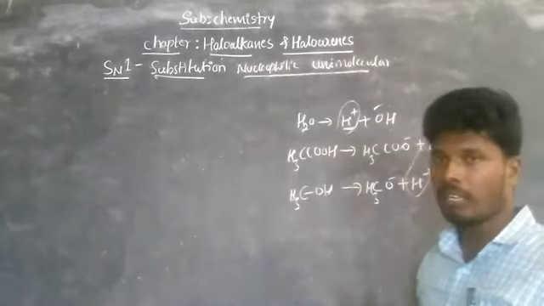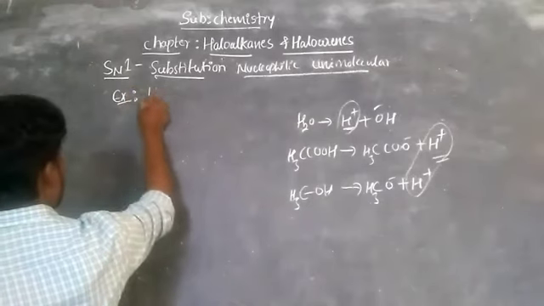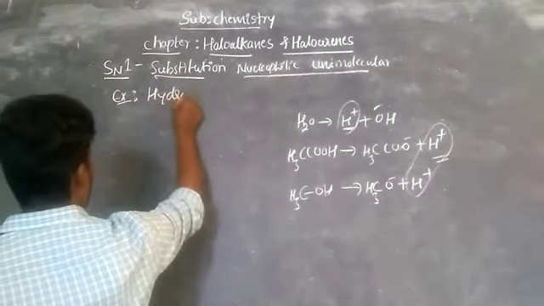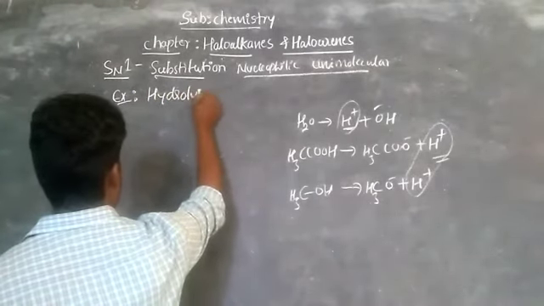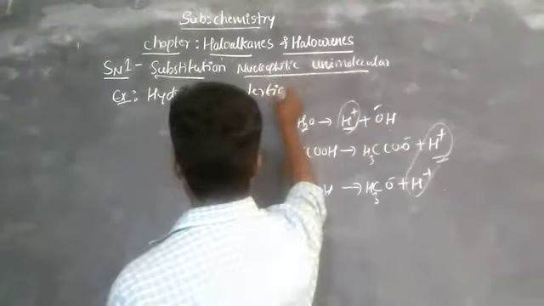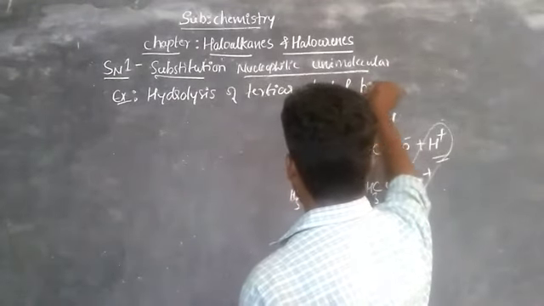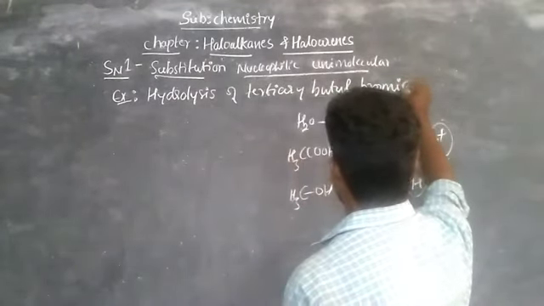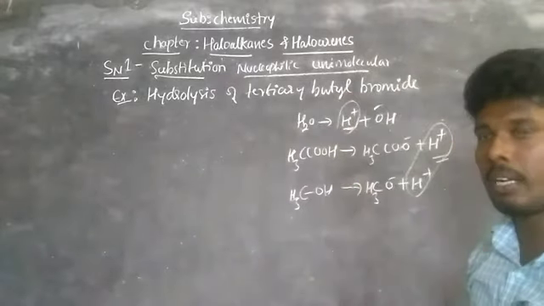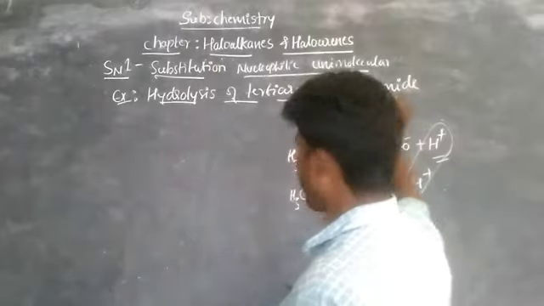Now an example for the SN1 reaction is the hydrolysis of tertiary butyl bromide, a tertiary butyl alkyl halide, very important.